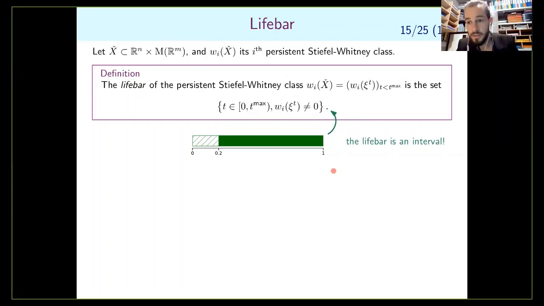And what happens is that this lifebar actually is an interval. So it means that if your persistent Stiefel-Whitney class is non-zero at some point in the filtration, then it will be non-zero until the end, until T max.